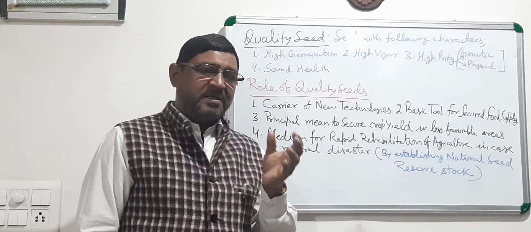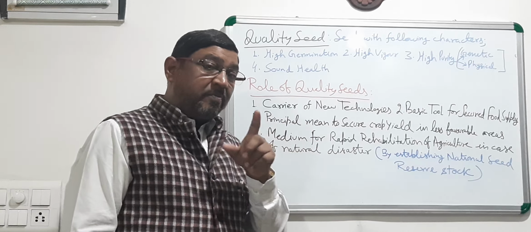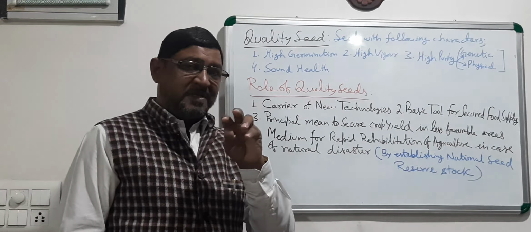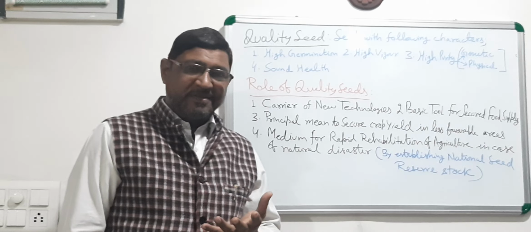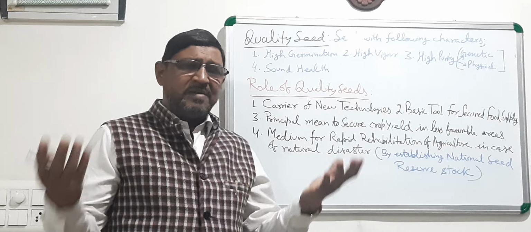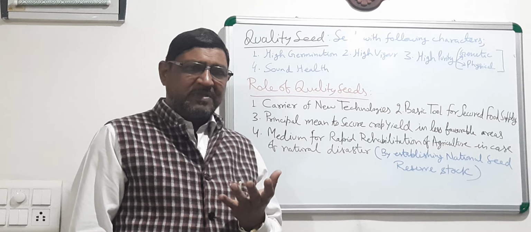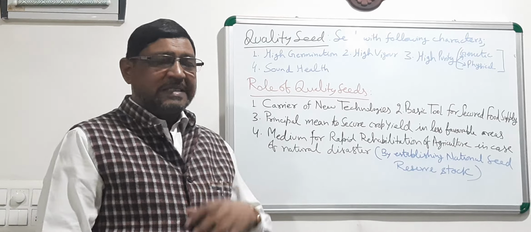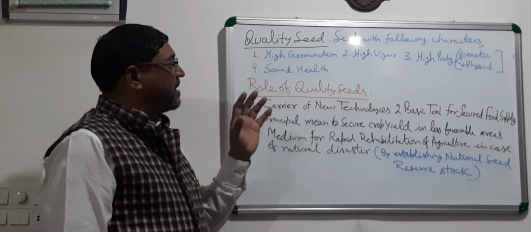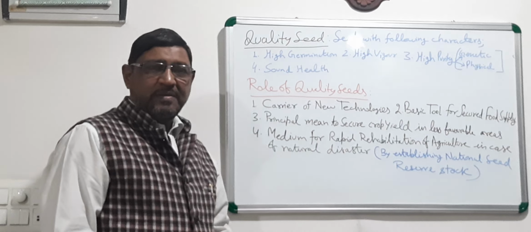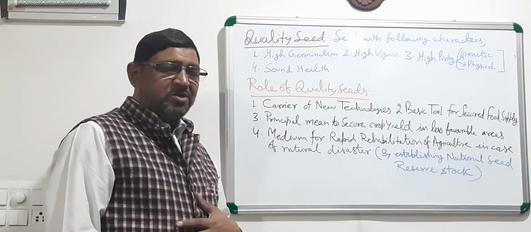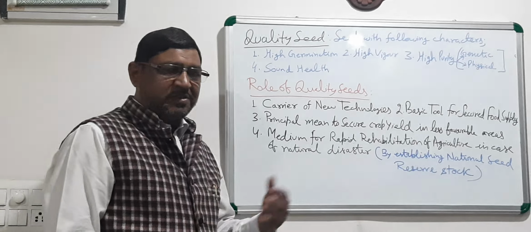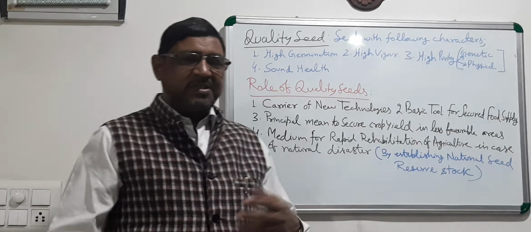By providing a proper environment to the seed, at any time you can test the germination percentage of a seed lot in your seed laboratory, and you can judge it.